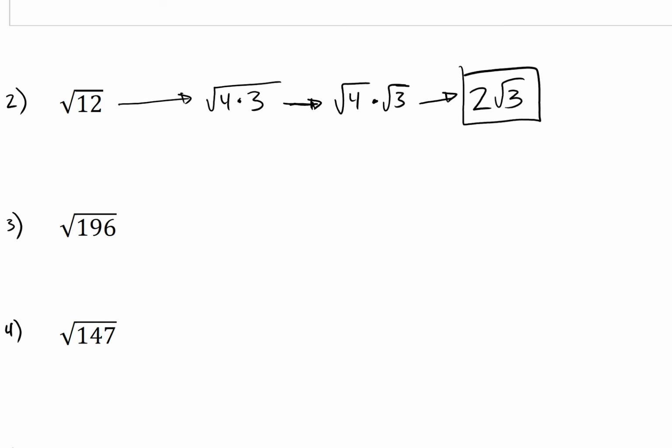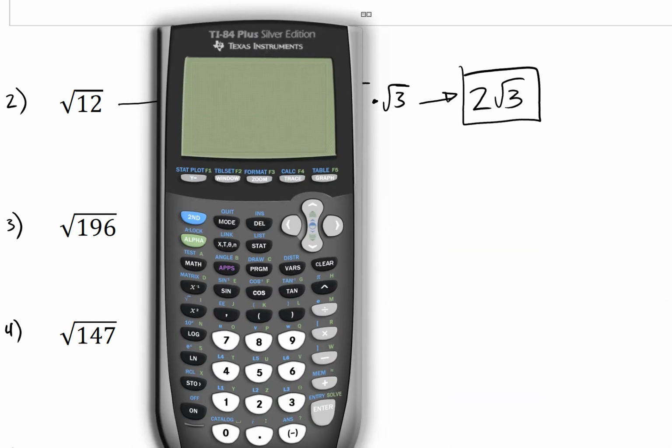Now, when you get answers, you're going to be a little uncertain for a while, thinking, I think I did that right. So I really encourage you to take your calculator and look at the square root of 12 as a decimal, and then compare that with 2 times the square root of 3. And you can see in both cases the decimal values match exactly.